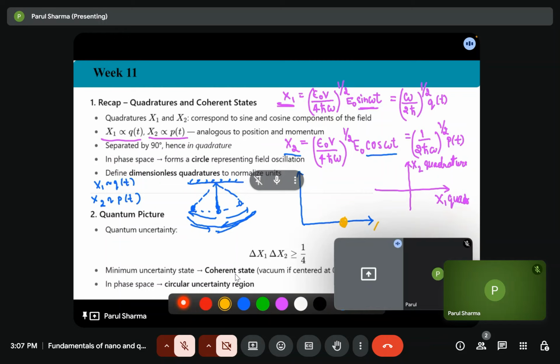Now, if it is at zero, it will move from this to this. So in one fourth of the period, suppose this is my first position, and this is my second position.